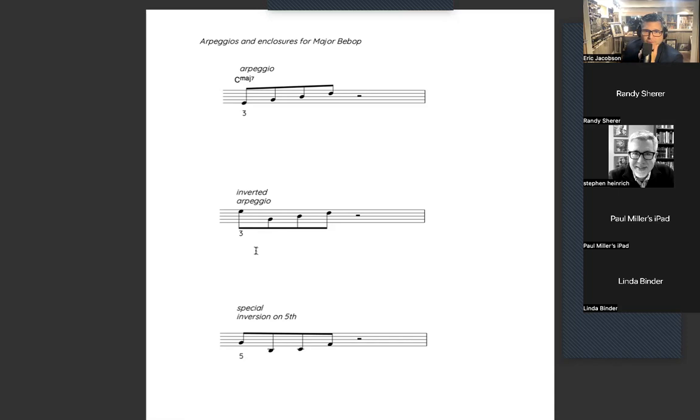Okay, cool. So practice all scale degrees to the 3rd. Not just on the 1 going down, but start them all. Let's start on, how about the 7th? Remember the 7th, I have to do a chromatic note right away on the major bebop. I'm going to go down to the 3rd, up the arpeggio.